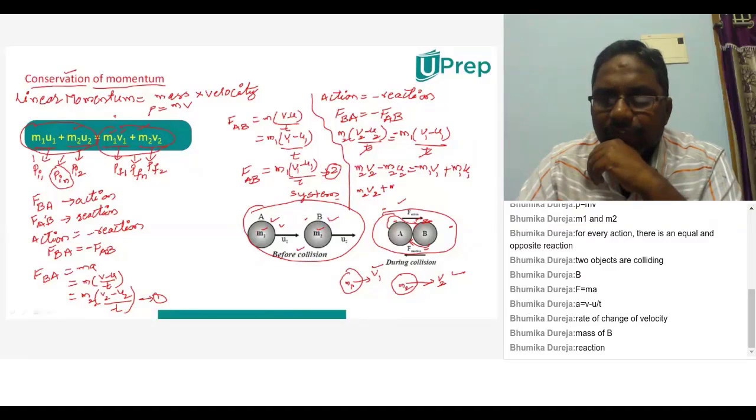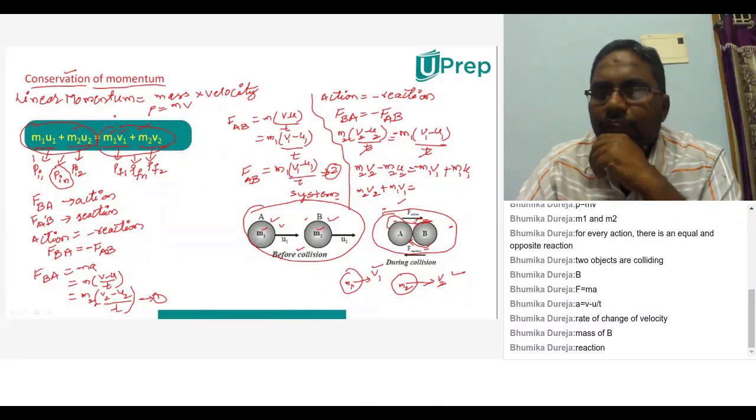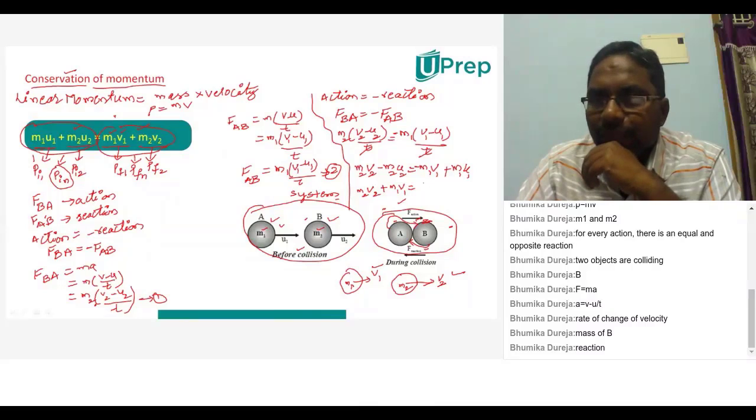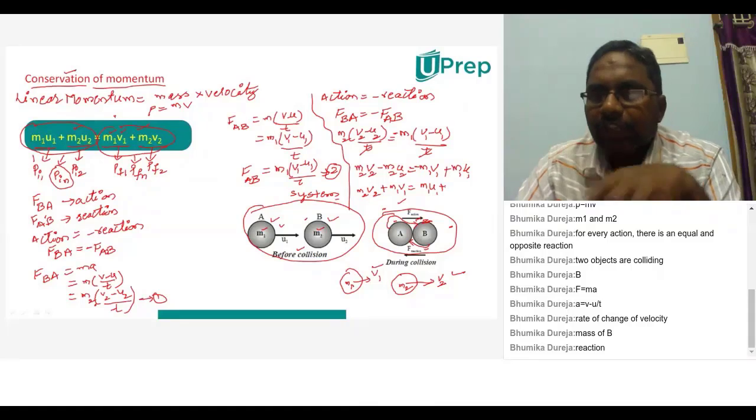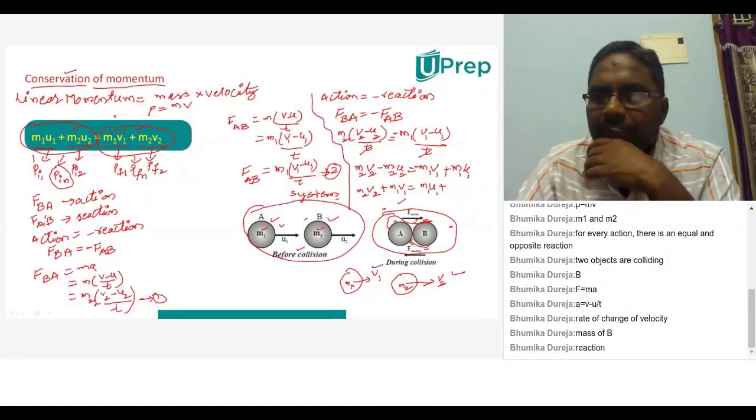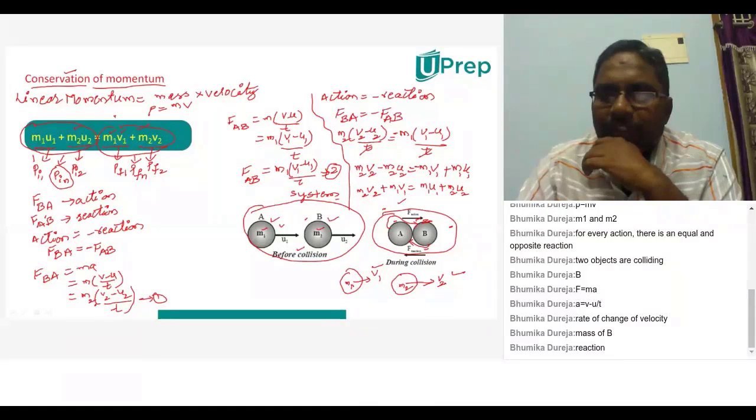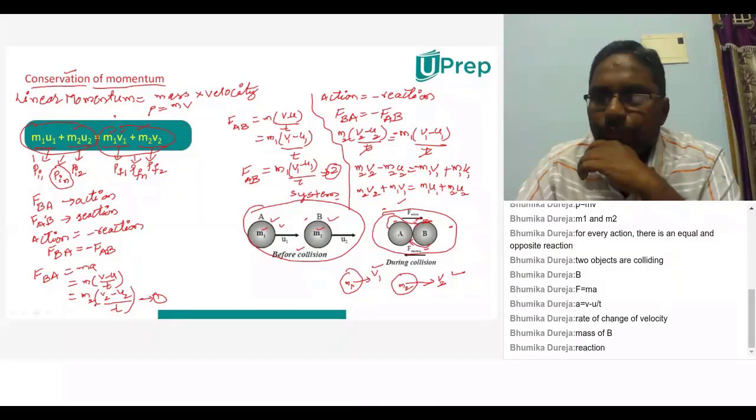So M1 V1 is equal to, here already M1 U1 is there, so M1 U1 plus, if I bring this M2 U2 to this side, left side to right side, it will become plus, so M2 U2. So now observe carefully this equation. M1 U1 plus M2 U2 is equal to M1 V1 plus M2 V2.